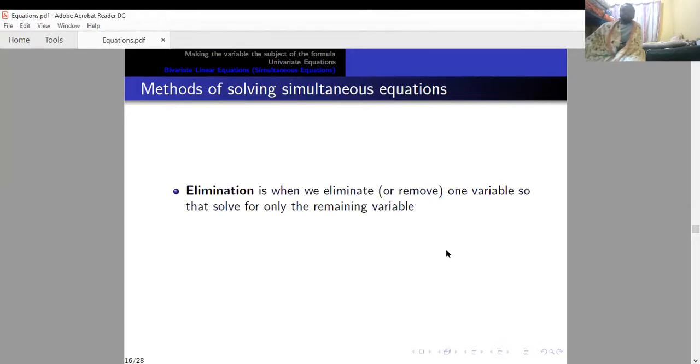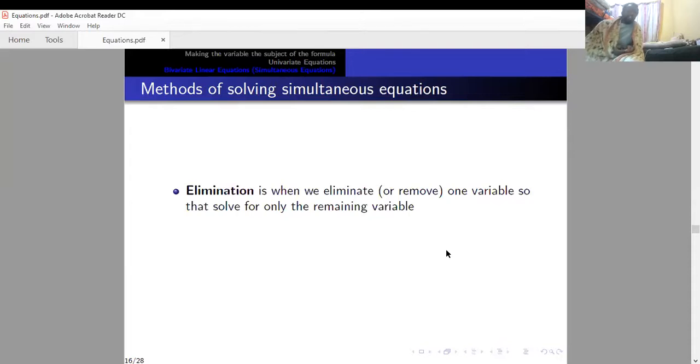The first method of solving our simultaneous equations is the elimination method. This is where we remove or eliminate one variable so that we can solve the remaining variable. So if you've got 2 equations, we will use these 2 equations to cancel one of the 2 variables.